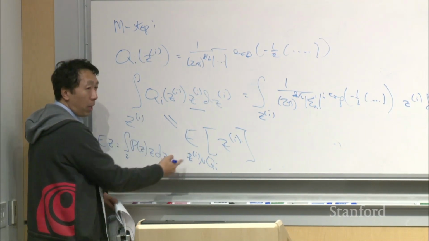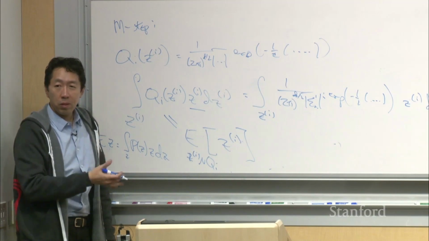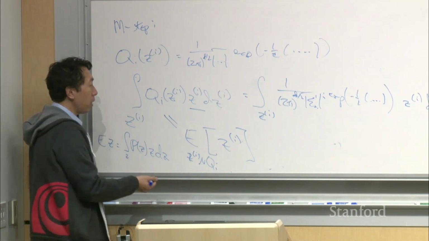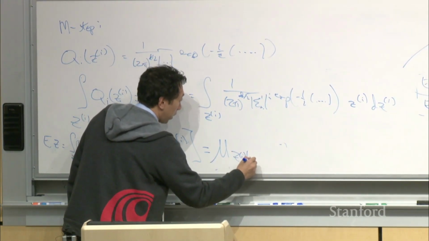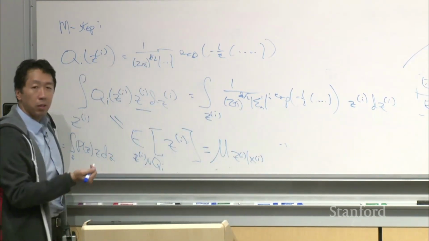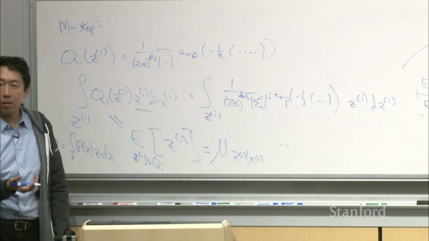But we know that qi is Gaussian with a certain mean and a certain variance. And so the expected value of this is just mu of zi given xi, right? It's that thing that you've already computed in the E step. Does that make sense?